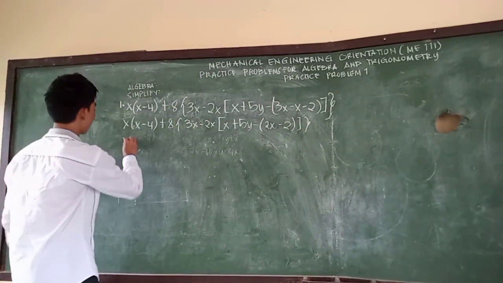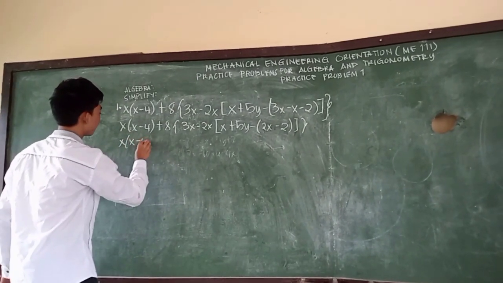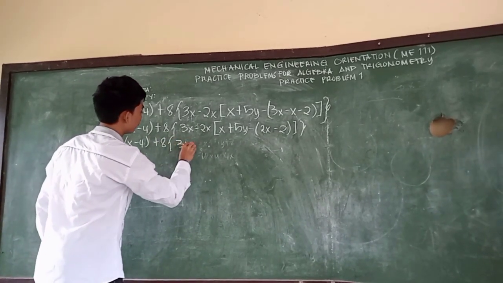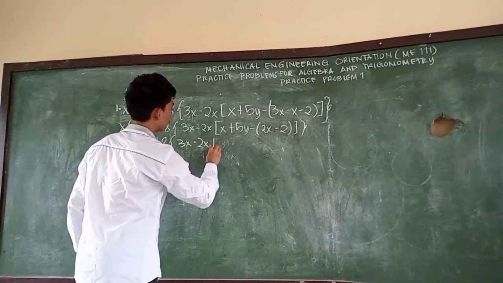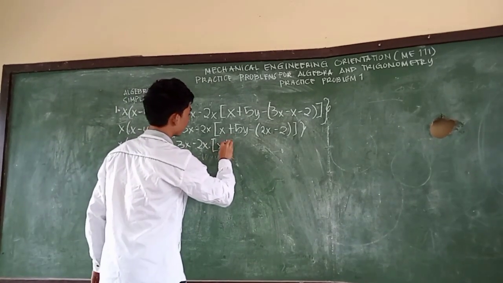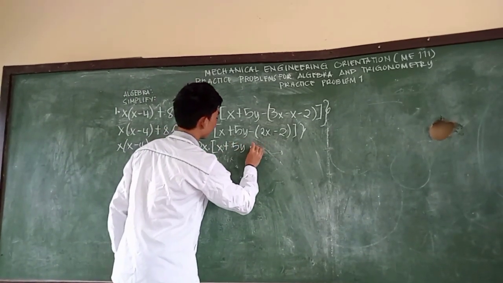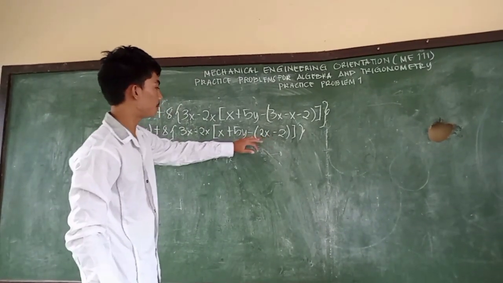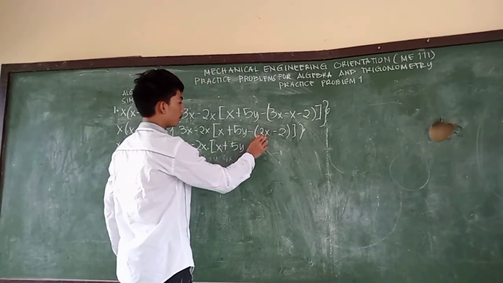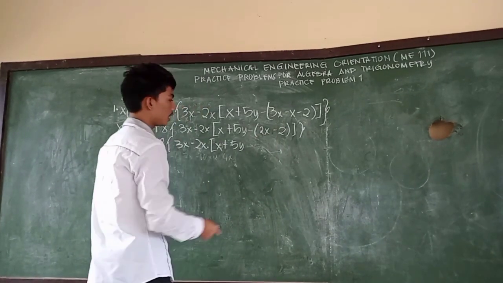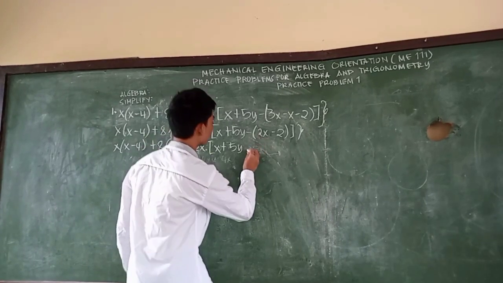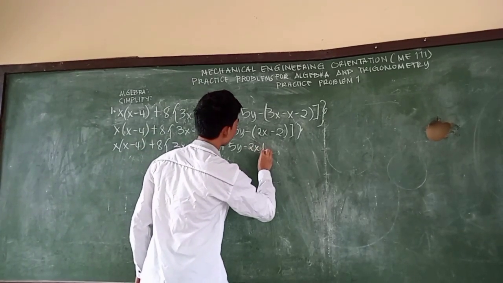Then next, copy again. Because there is a negative sign before the parentheses, the signs of the terms inside the parentheses will change, so it will be negative 2x plus 2.